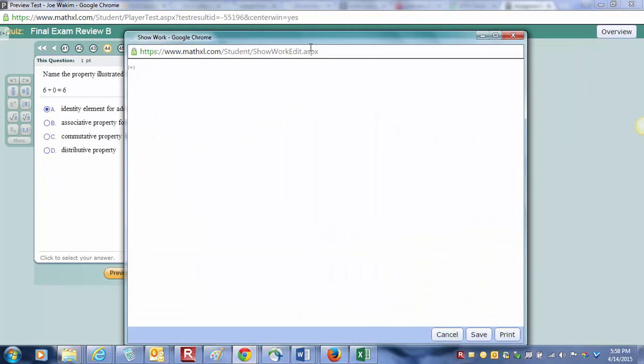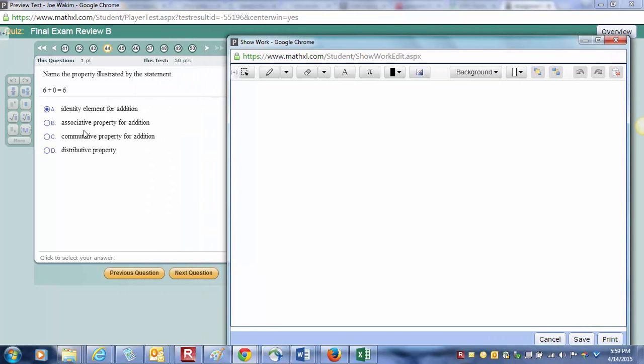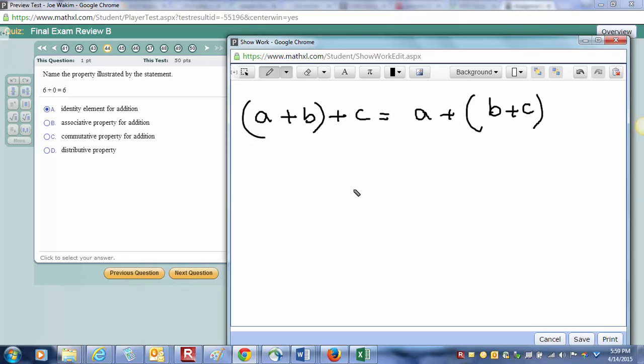Number 44. Well, this is not an associative property. An associative property would be something like A plus B plus C equals A plus B plus C, grouped differently.